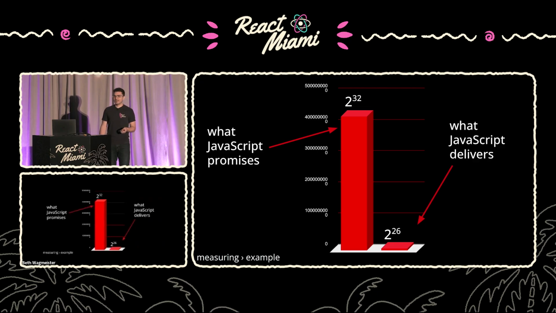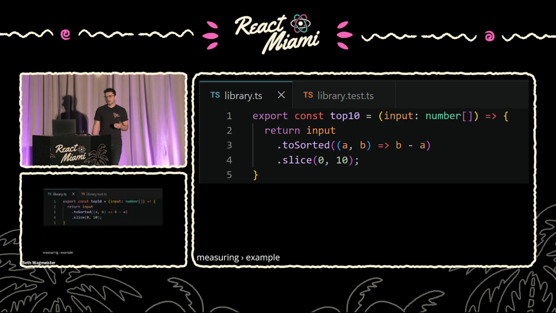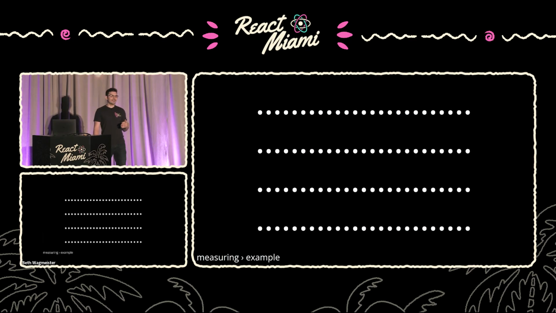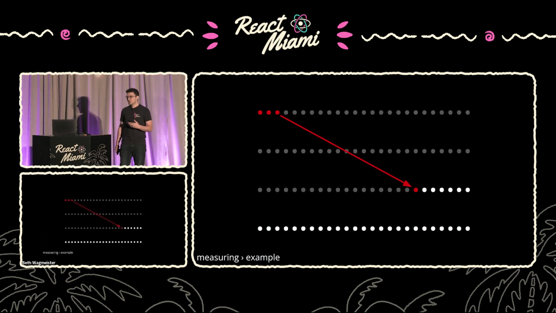When doing performance analysis, you have to be really careful when you're dealing with big numbers, because of exponential scaling: 2 to the 32 and 2 to the 26 might seem like they're roughly similar in size, but they are absolutely not. So now let's think about our code with huge arrays in mind. Notice that it sorts the entire array, and then just throws away all that hard sorting work except for 10 of them. Ask yourself, if I gave you a list of 100 items and asked you for the 3 biggest items in that list, do you care if the 67th item is greater than the 68th?